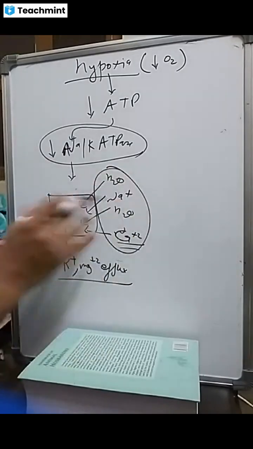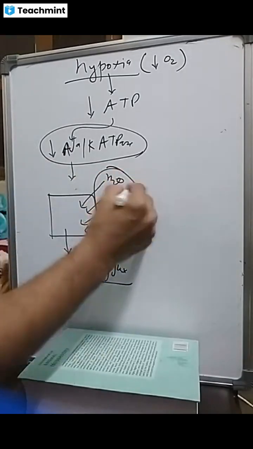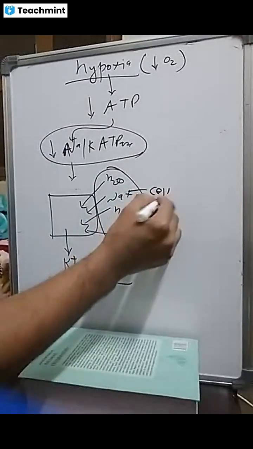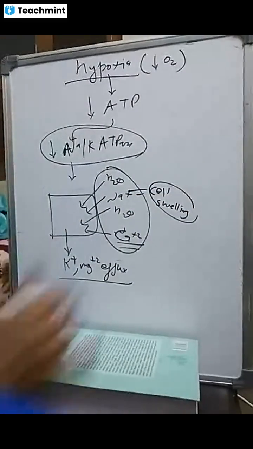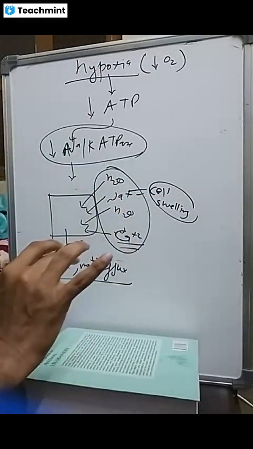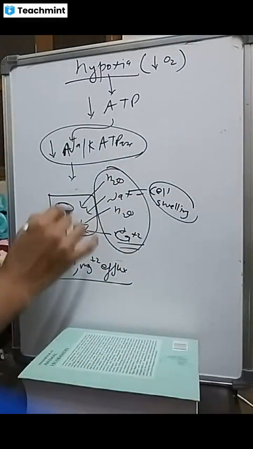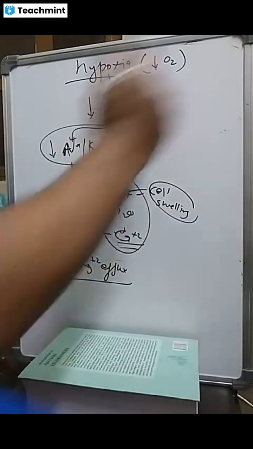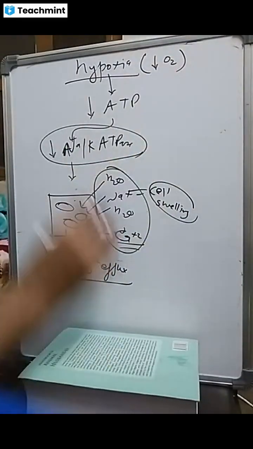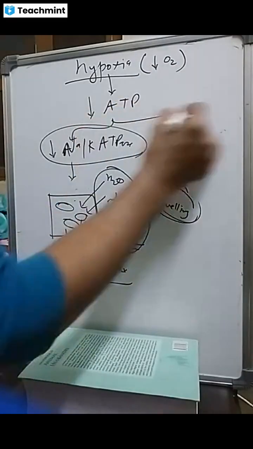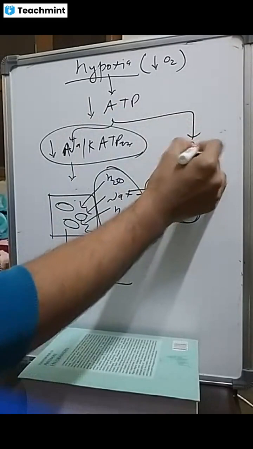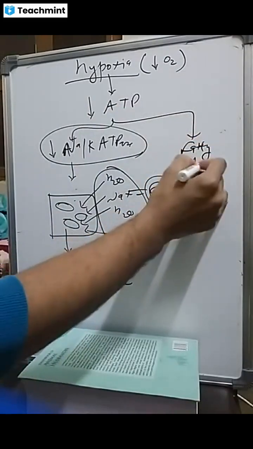Because of these things, cell swelling will be there. So this I have explained, cell swelling. What happens in these organelles we will discuss at ultrastructural changes. Next change, now we have to study fatty change.